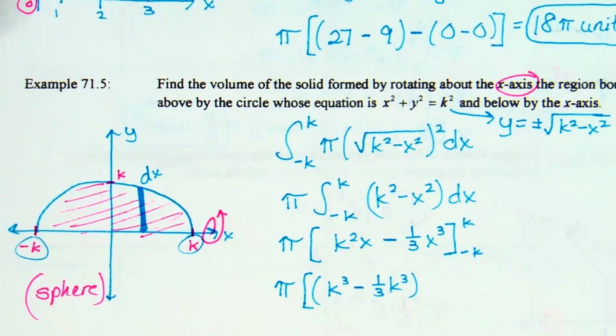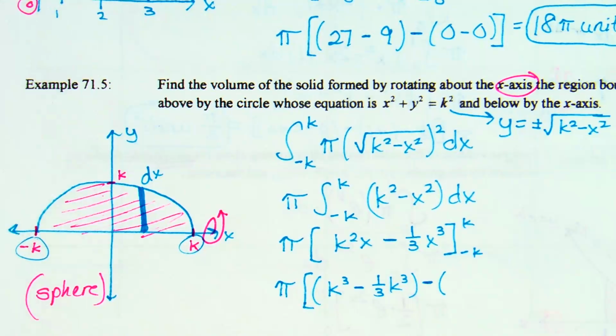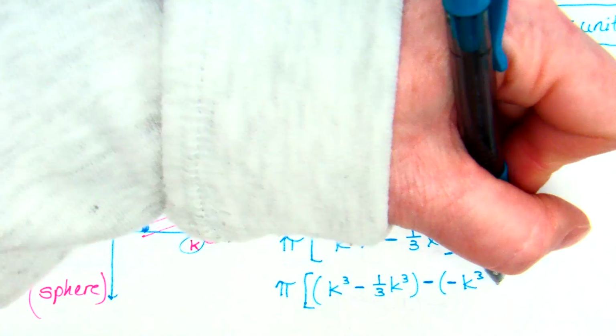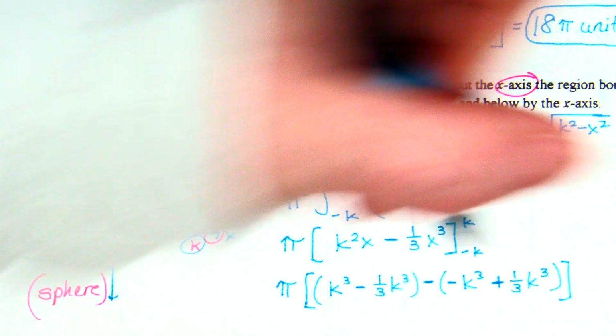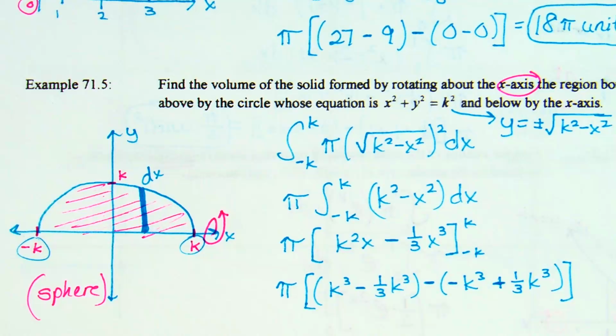Minus, new parentheses, now I'm plugging in negative k. So k squared times negative k is going to be negative k cubed, minus 1/3 times negative k cubed really becomes plus 1/3 k cubed. Well, in terms of k now, at least.